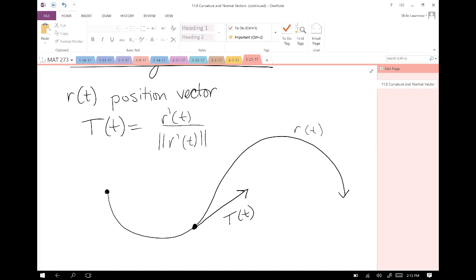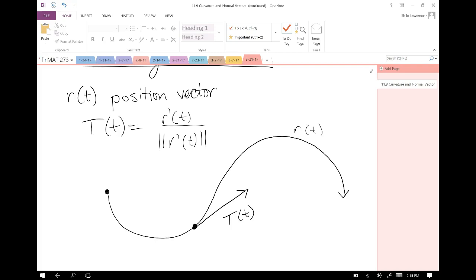There are technically two vectors that we can draw that would be normal at that spot. What does normal mean? Perpendicular, 90 degrees. Normal means perpendicular. There are three different words, normal, orthogonal, and perpendicular, that all mean the same thing.